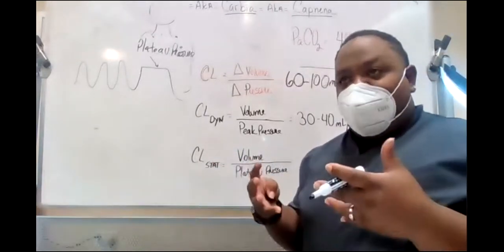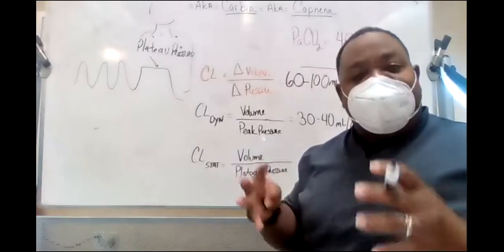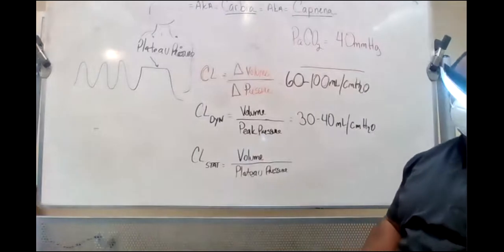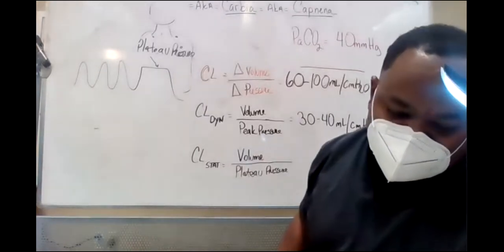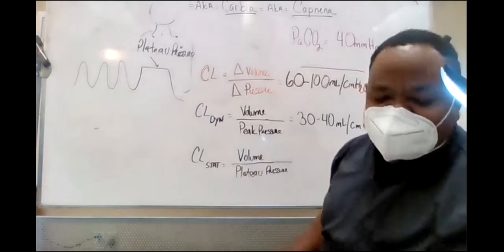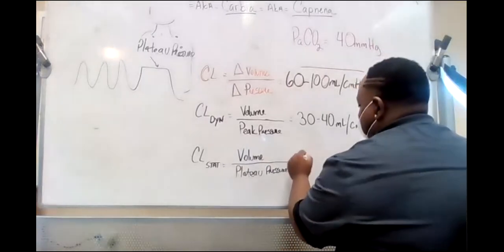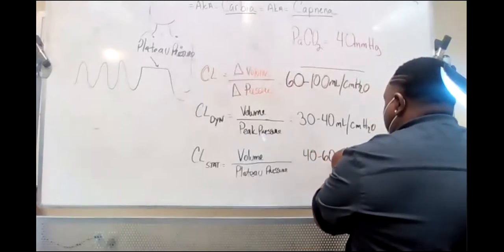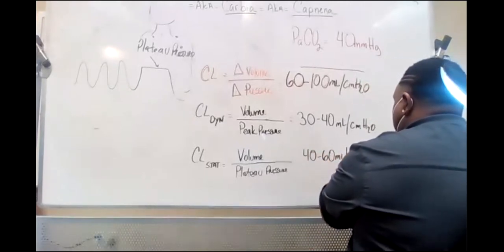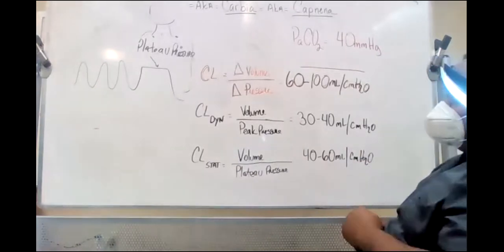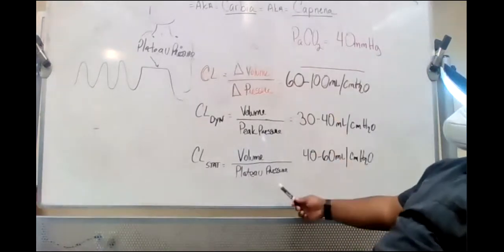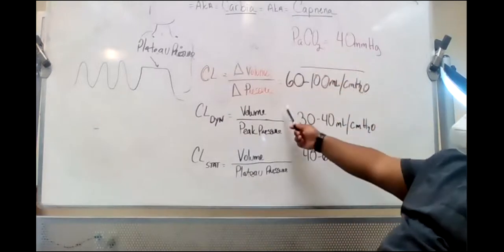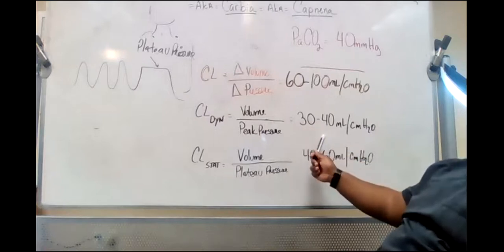So when they inhale and pause, the pressure in the lungs during that pause is static compliance. And that is 40 to 60 ml per centimeter of water. These are your compliance formulas and their normals.